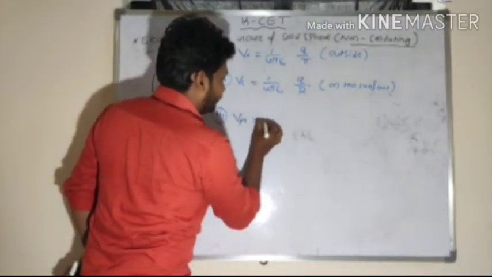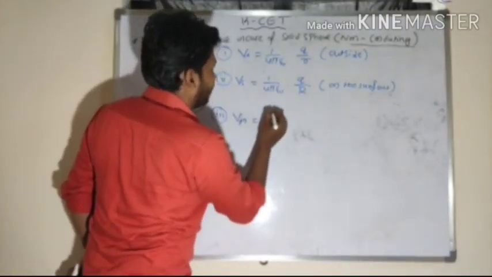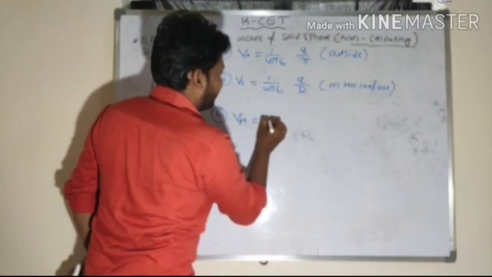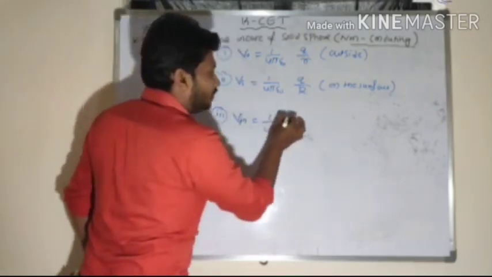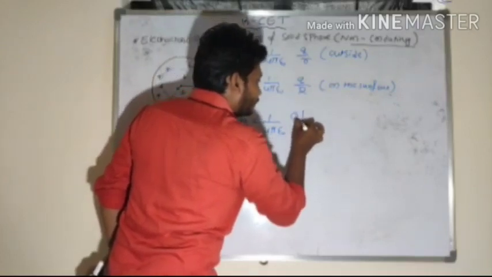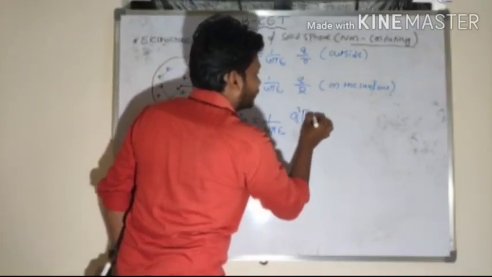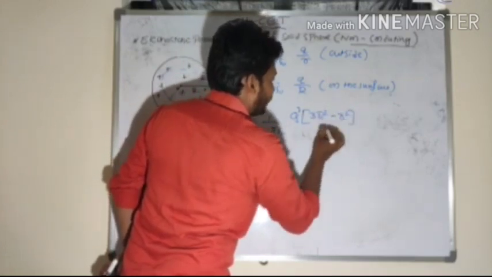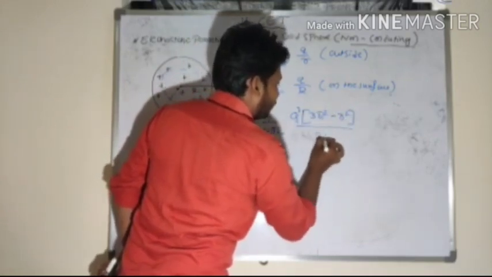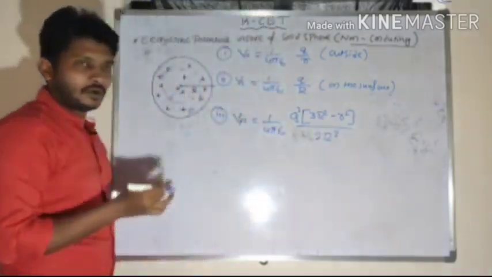So that is 1 by 4 pi epsilon naught q into 3r square minus r square divided by 2r cube. So remember this formula.